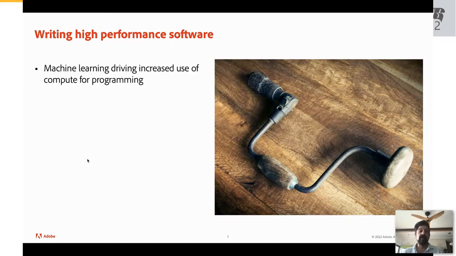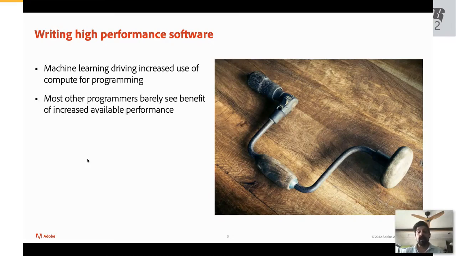But for the most part, the driver of this increased use of compute is really machine learning. So I am going to mostly not talk about machine learning in this talk. I think there's many more qualified people who can say a lot more about that. But one of the successes for machine learning really is leveraging the massive amounts of compute that are available today. The rest of us, we've had some advantages, like I said, from things like CUDA.